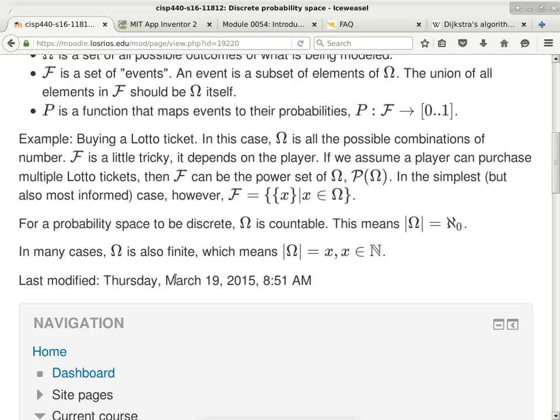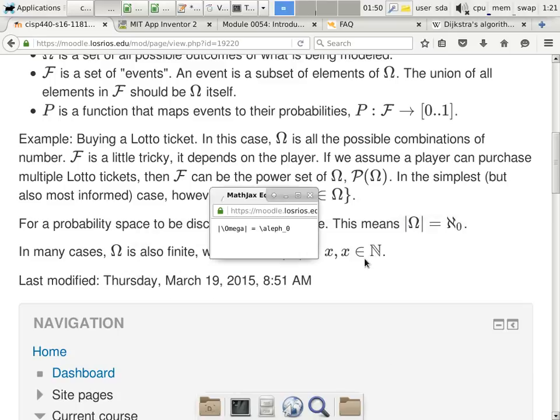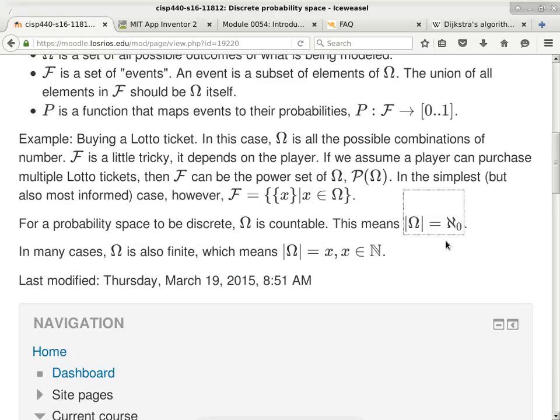What does that symbol mean? The curly N? The curly N actually has a name: aleph. When you see that the cardinality of a set is aleph, sometimes aleph subscript 0, it means there is a bijective function to map omega to the set of natural numbers.